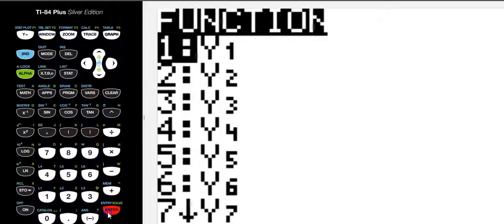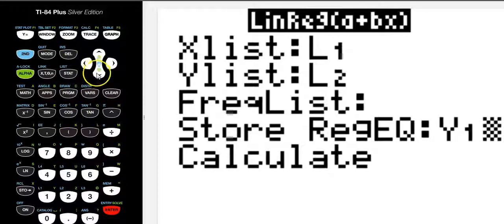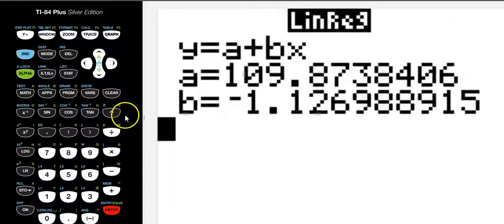And I am going through this fast. I apologize, but again, there is another video on how to do this. I'll talk you through all the steps if you are getting a little lost. Oh, I don't have my diagnostics on, so I did not get the R measurement, but we get a nice equation there. We have a is 109.8738 and b is negative 1.1270.